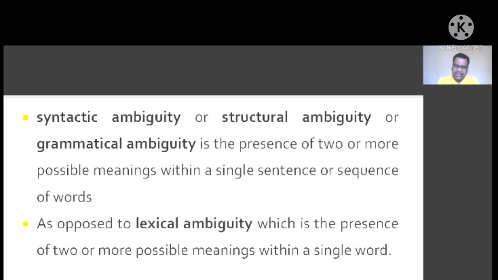Lexical ambiguity is purely based on two or more possible meanings within a single word. But here you have two or more possible meanings within a single sentence or a group of words. So this is the essential difference between lexical ambiguity and structural ambiguity.